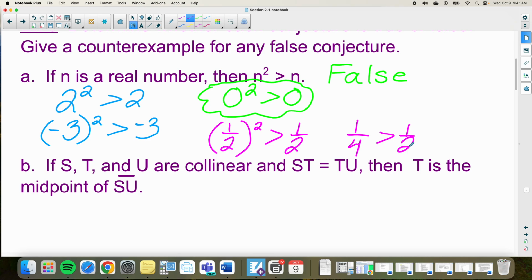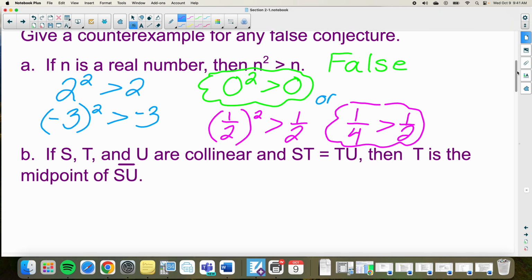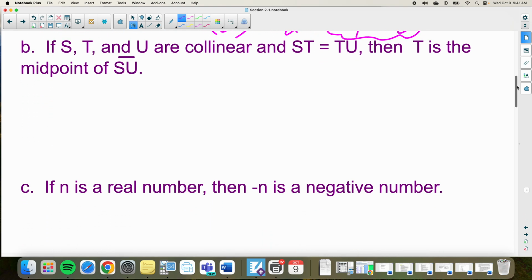No. So this would be another counterexample. So when you're given a counterexample, you only have to do one of them, okay? All right. Now let's look here. And we have S, T, and U are collinear, which means they're on the same line, and ST equals TU.